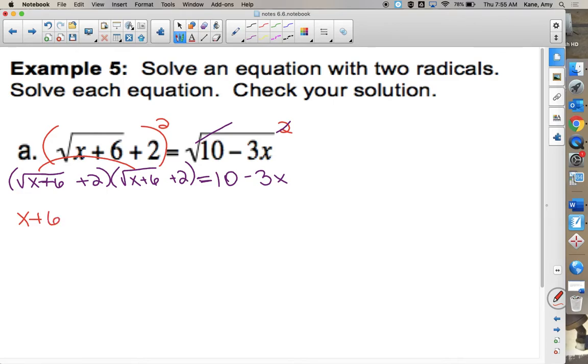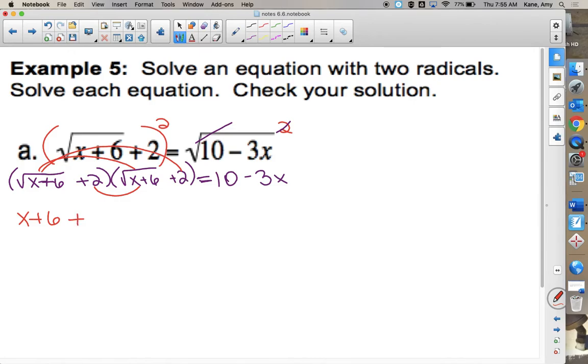That's good. But then when I get the outer terms and the inner terms, this is where it's a little different. I have the square root of x plus 6 times 2, and another 2 times the square root of x plus 6. They don't cancel. So again, I'm going to write it out so you can see what it looks like this first time.